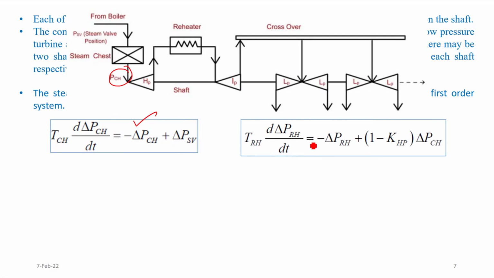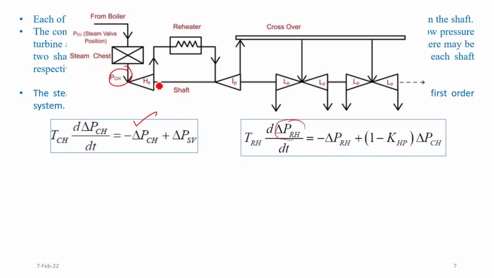Now, if I write the equation for the reheater, I can write TRH d by dt of delta PRH, where delta PRH is the power associated with the steam at the output of the reheater, equal to minus delta PRH plus the input, which is the output of this, delta PCH, and the remaining power in the delta PCH, right?